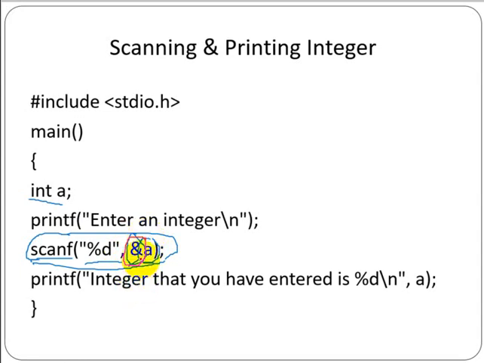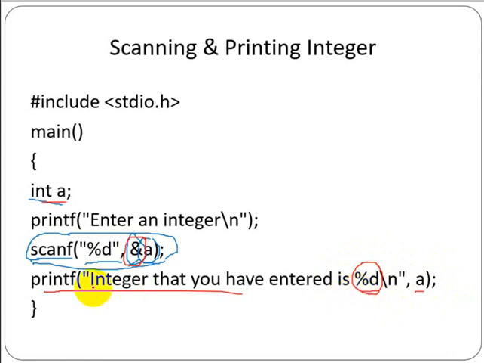Then only the memory will be allocated for the defined variable. And then like a simple print statement, you can give percentage d and the variable a, so that it prints the value present in that variable wherever you are providing the format specifier.